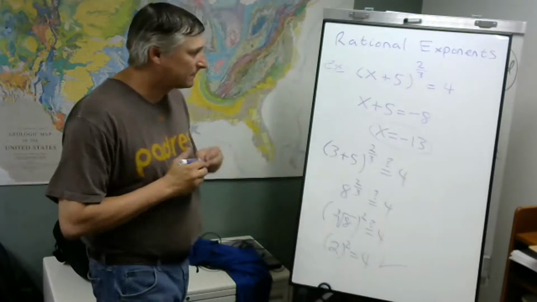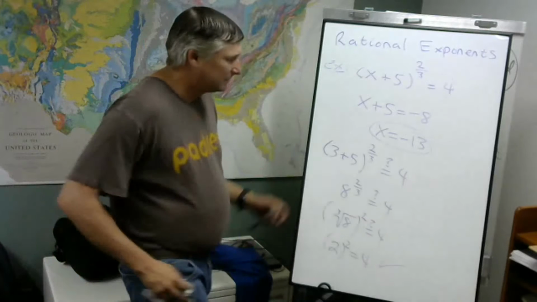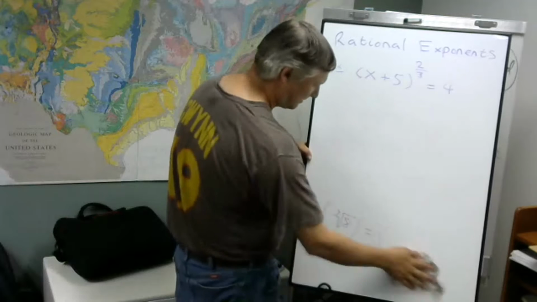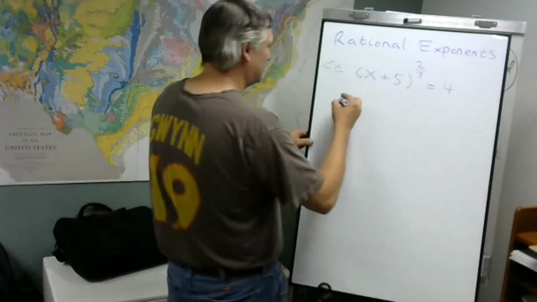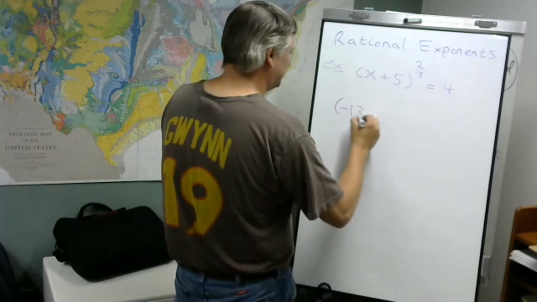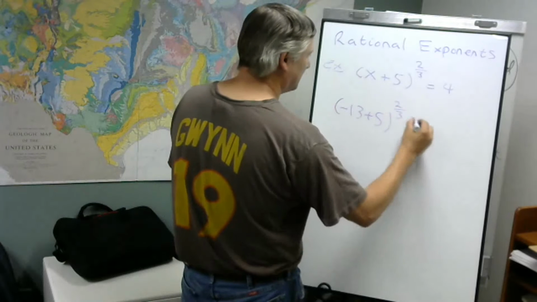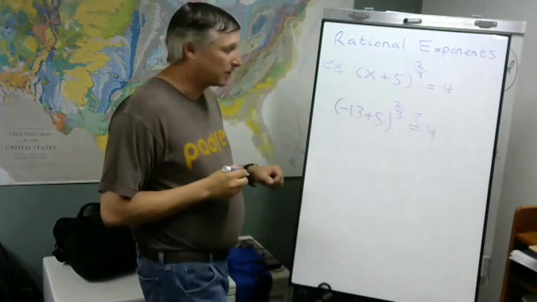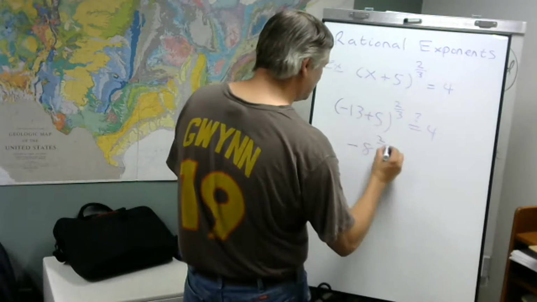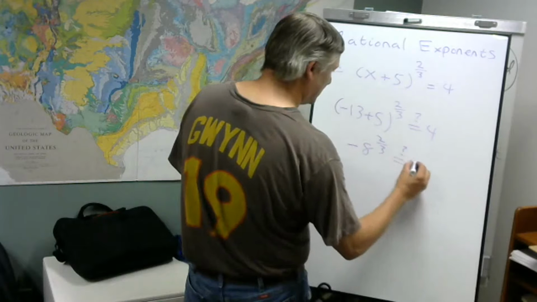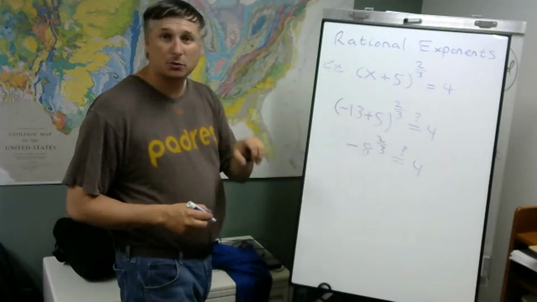It works. What about negative 13? Let's see. So it's negative 13 plus 5 to the 2/3 equal to 4. Or is negative 8 to the 2/3 equal to 4? Now we're taking a cube root and then squaring.